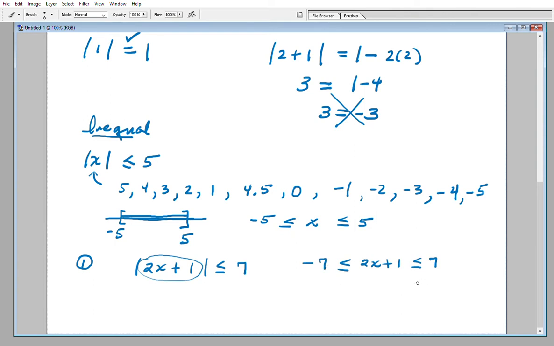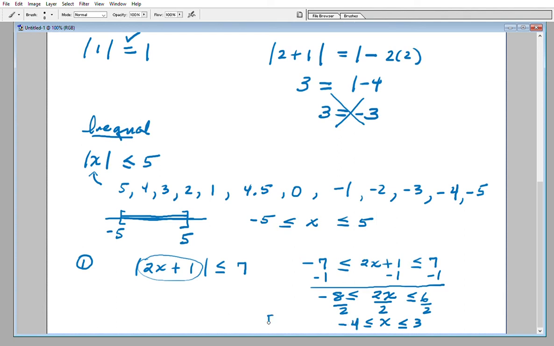And solve it the way we did in the previous section. All right, solve these. We already solved these double inequalities. We subtract 1 from 3 sides. So we want to basically isolate x in the middle. And divide by 2. All right, so we have x, and we have less than or equal to 3 and greater than or equal to minus 4.